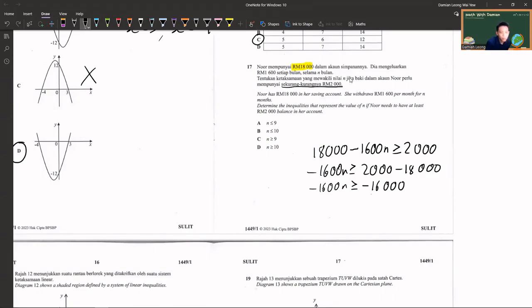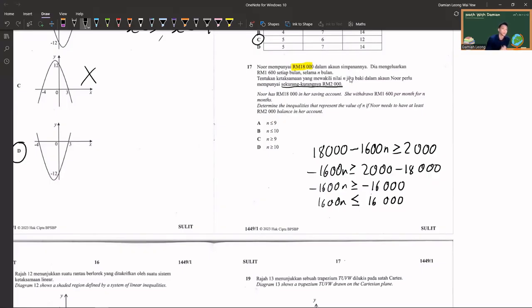If I have negative on both sides, kalau sebelah kiri dengan kanan ada negative, we have to cancel the negative, and when we cancel negative, arah ketaksamaan ini akan terbalik.